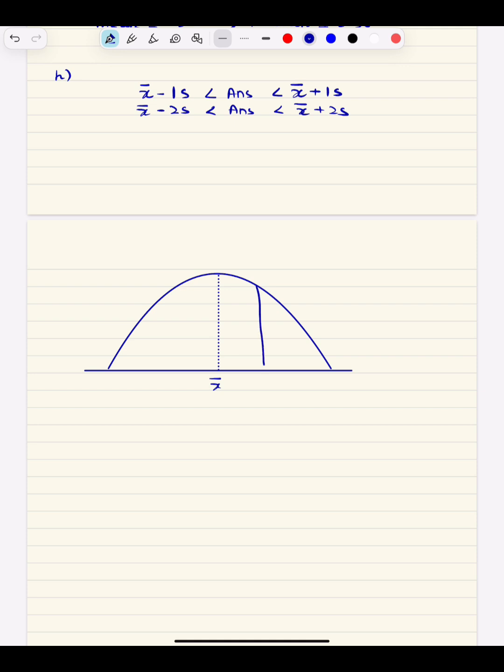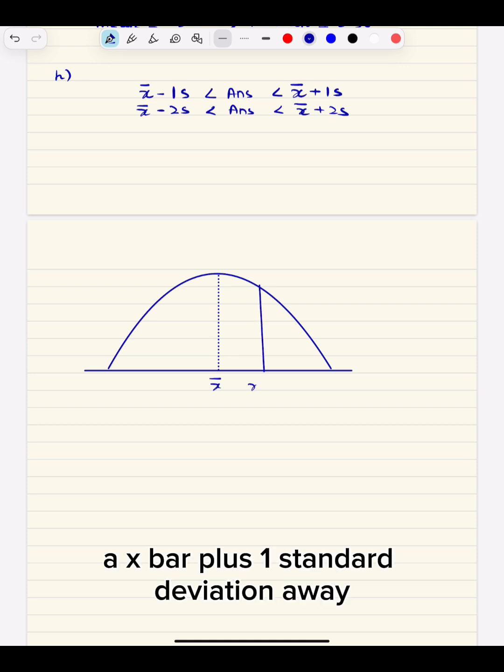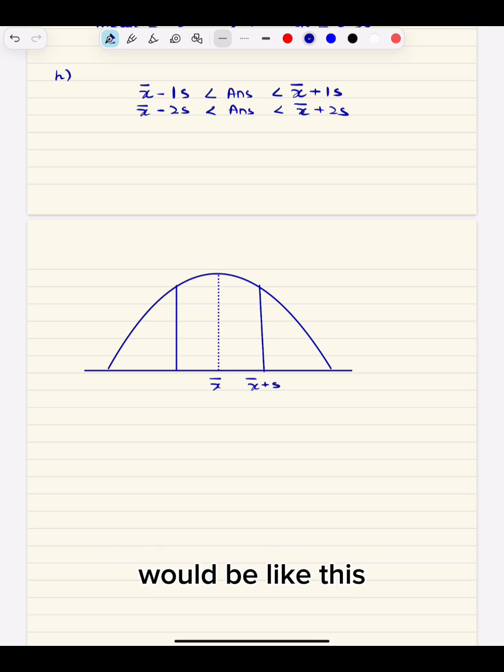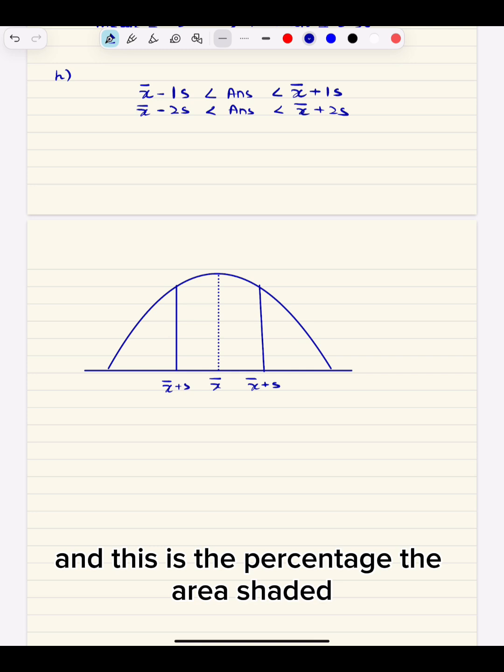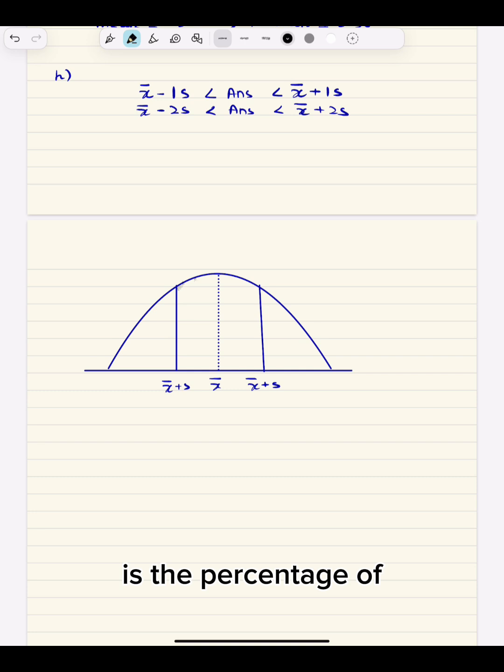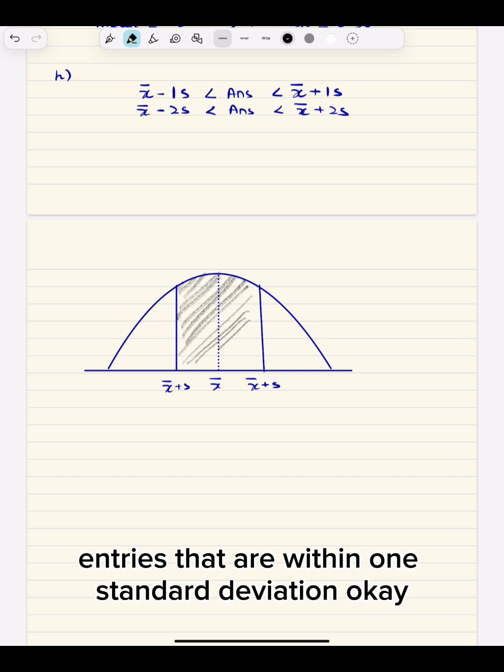So x bar plus 1 standard deviation away would be like this, and the area shaded is the percentage of entries that are within 1 standard deviation.